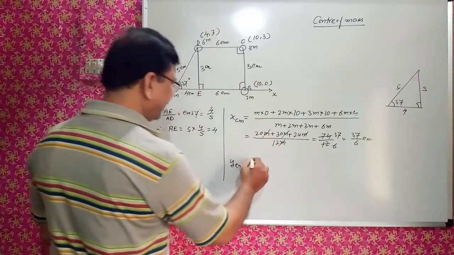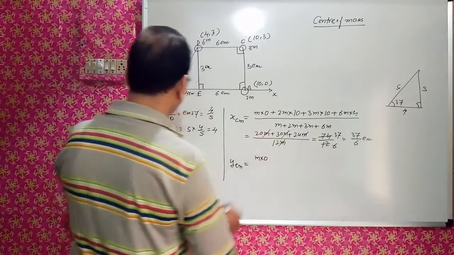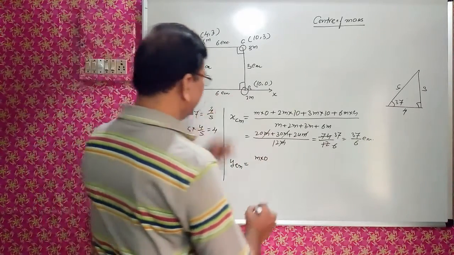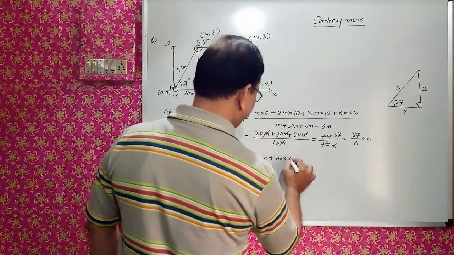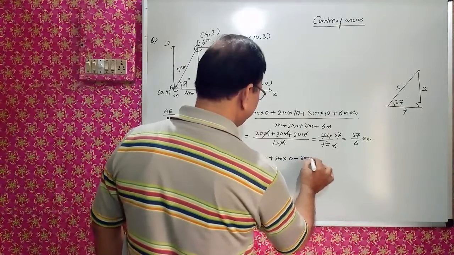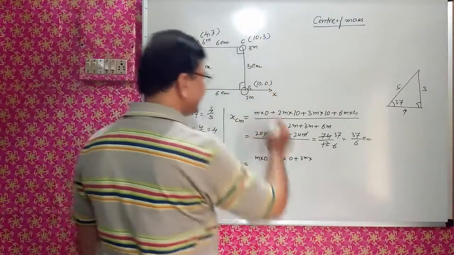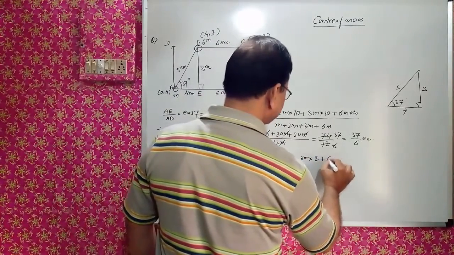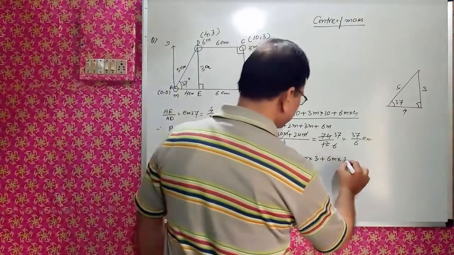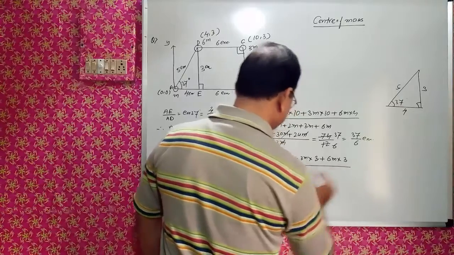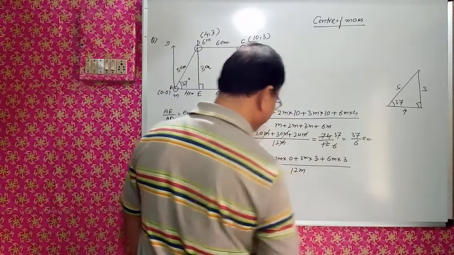Then the y coordinate of the center of mass you can get. Again M into 0, M into y coordinate is 0, plus 2M into y coordinate is again 0, plus 3M into y coordinate is 3, plus 6M into y coordinate is 3 over here. Total mass is how much? That is 12M.